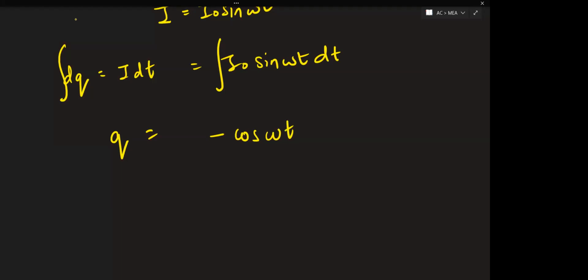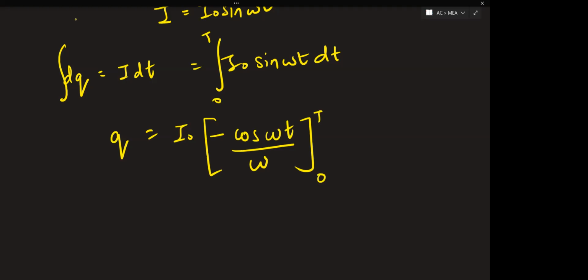Whenever you are integrating, the constant term gets divided; whenever you are differentiating, the constant term gets multiplied. Here we are integrating, so this is left, and this I₀ is left because it was already a constant, with limits from 0 to capital T. Why are we putting the limits from 0 to T? Because that is for one complete cycle.